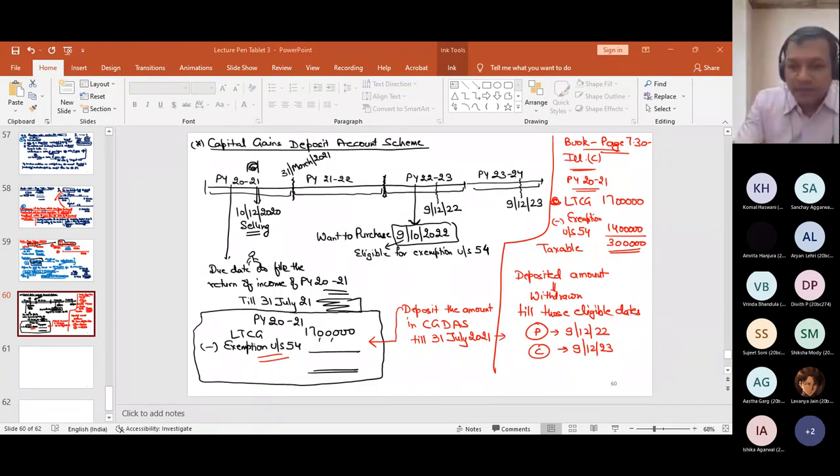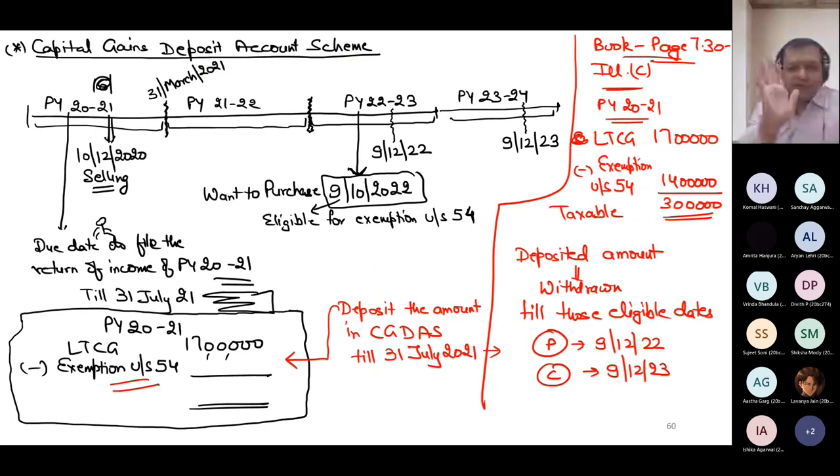Now, can you sense another problem which can arise? I got the exemption of 14 lakh, but I didn't utilize the amount till 9 December 22 or 9 December 23.